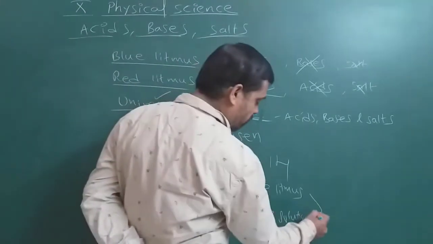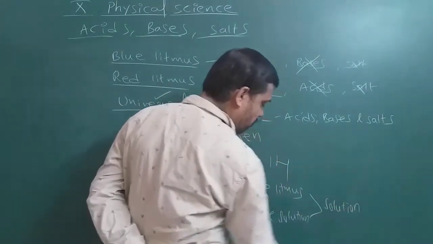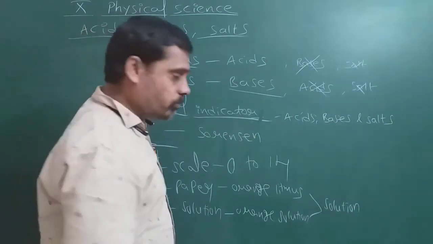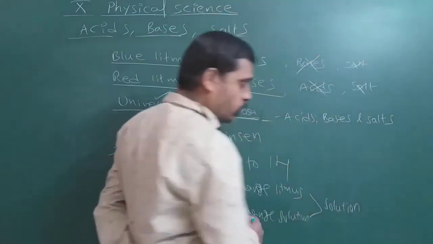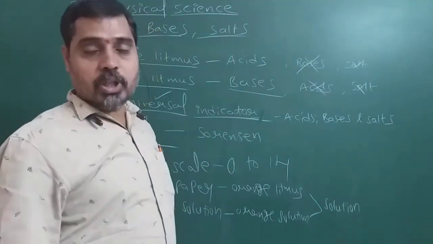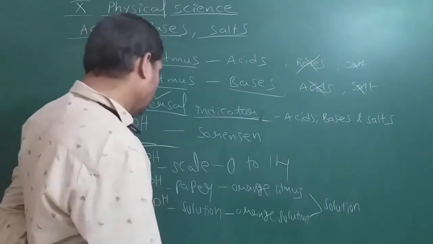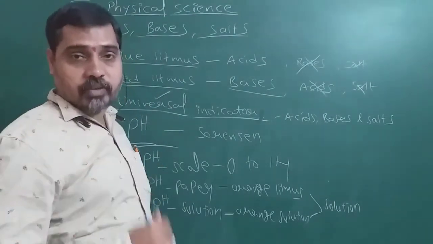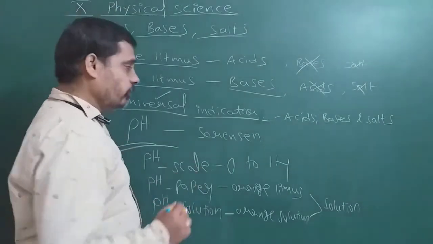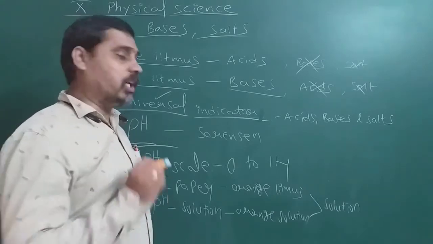If you dip the pH paper or pH solution in any solution, the color will change, giving anything from maroon to blue color. Depending upon the color, we get the value on the pH scale, and depending upon that value, we come to know whether the given solution is acid or base or salt.